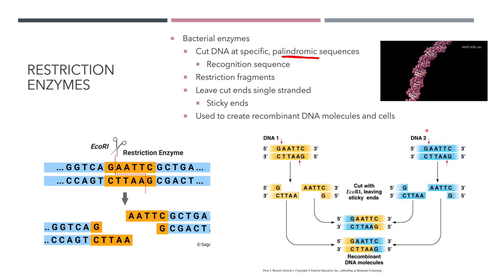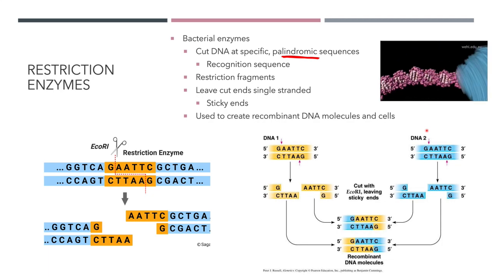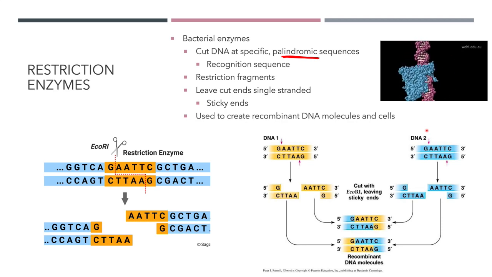So here we have DNA in its helical form, and this restriction enzyme attaches, and it reads along the DNA until it finds its sequence, and it cuts it, and there they're showing you the sticky ends. Now here we have DNA coming in from another source.